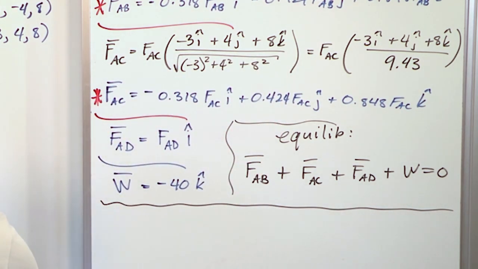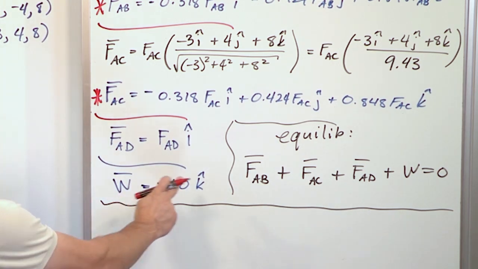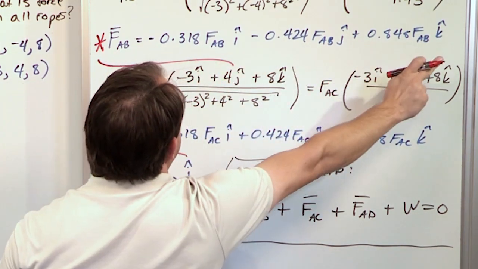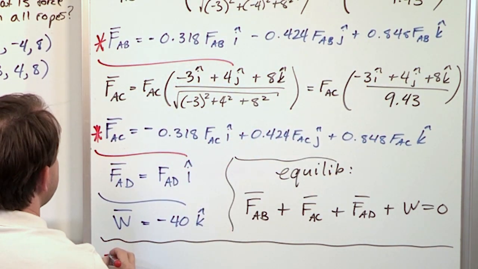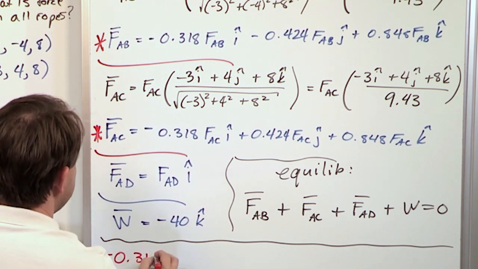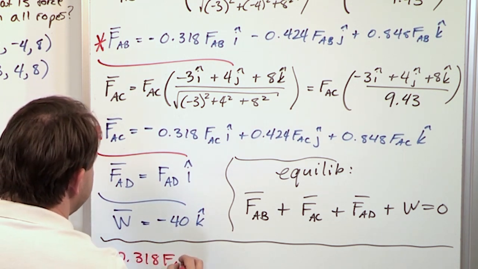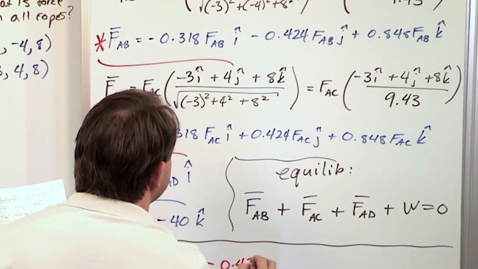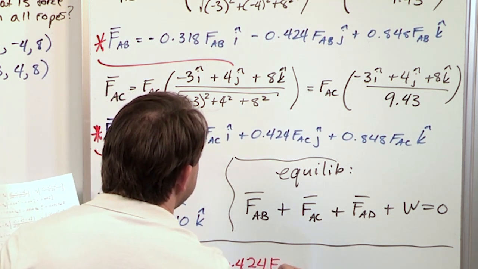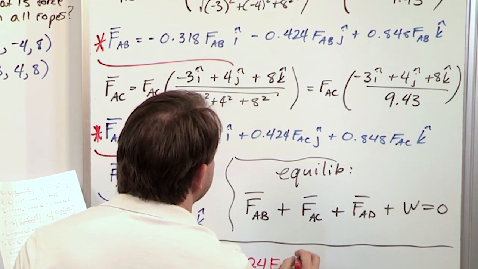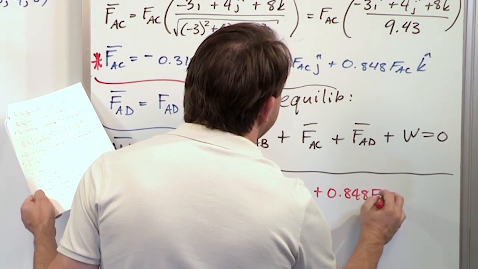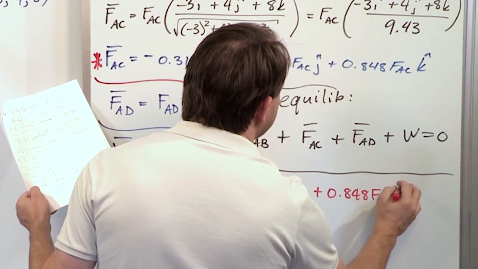So what this is basically saying is, if you look at FAB, we calculated that before. I'm just going to write the whole thing down again, which is going to be negative 0.318 FAB in the I direction minus 0.424 FAB in the J direction plus 0.848 FAB in the K direction.